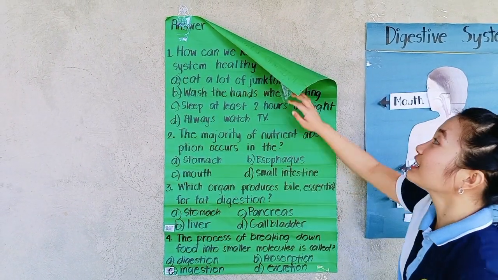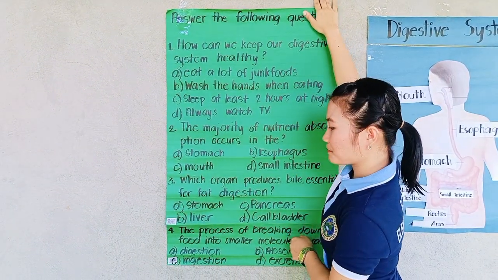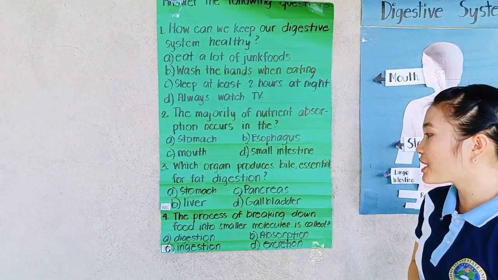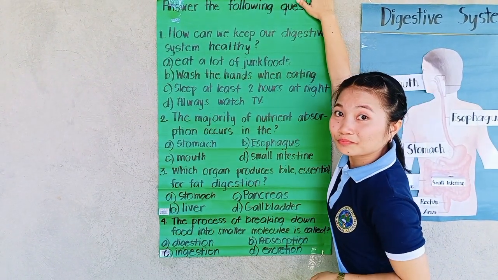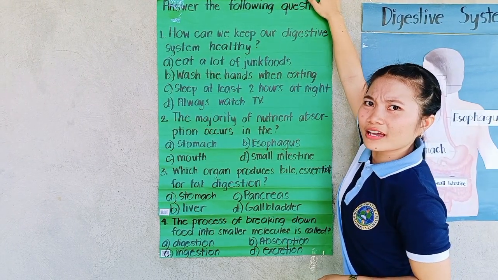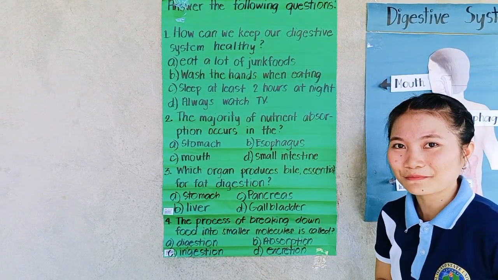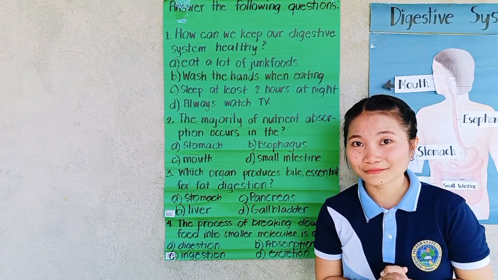It's letter B. It's liver. And last but not the least, the process of breaking down food into smaller molecules is called, what does it call again? Very good, it's digestion.